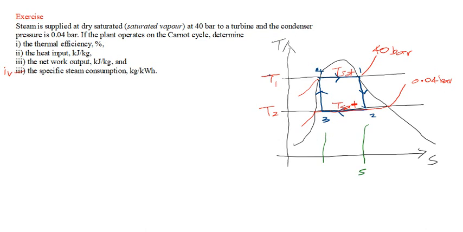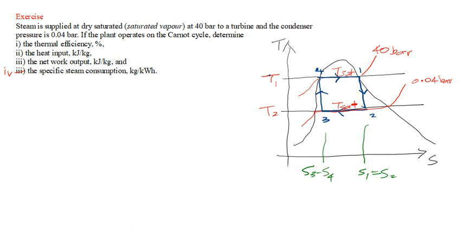Same thing, in this case the isentropic compression and isentropic expansion have the same entropy. S1 is equal to S2 and S3 is equal to S4. So what is our S1? Basically S1 is Sg at 40 bar. S1 equal to S2 is equal to Sg at 40 bar. While S3 equal to S4 is equivalent to Sf at 40 bar.